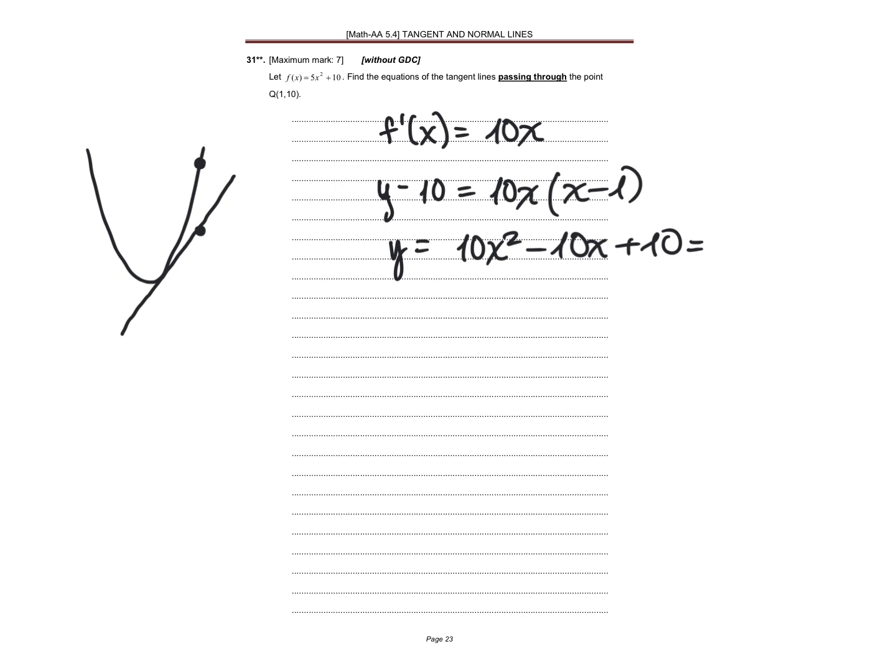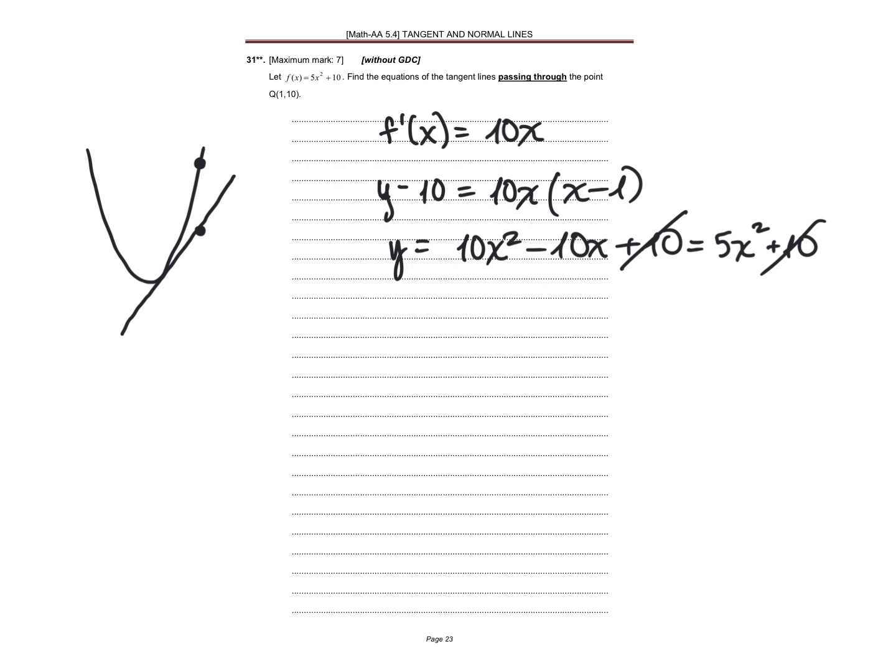So if we set this equal, we can find out what the x is going to be for this tangent line to intersect the parabola.